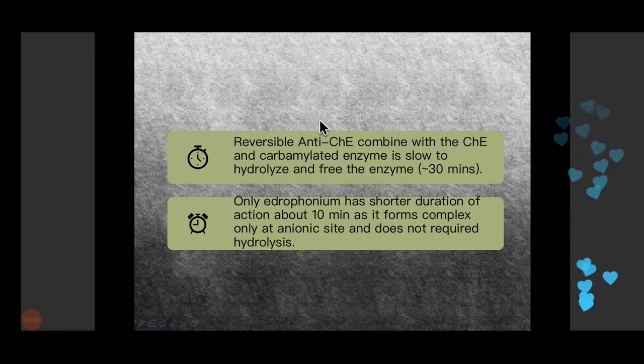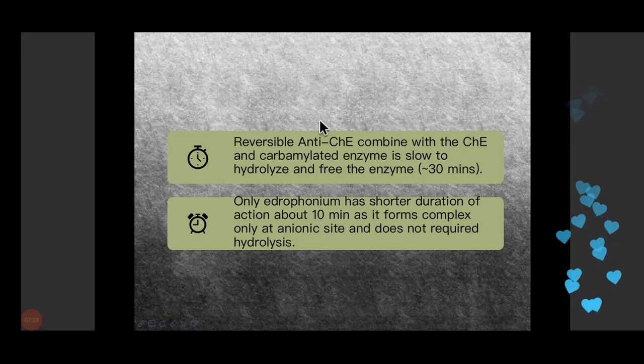While something like edrophonium, which is a non-carbamylated anticholinesterase, has a shorter duration of action. It will attach and detach within 10 minutes. Otherwise, the reversible anticholinesterases take about 30 minutes to produce their action.